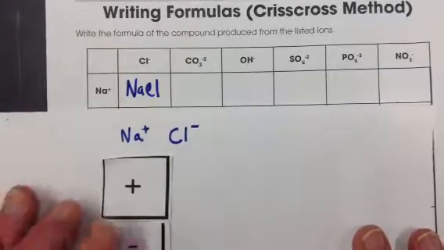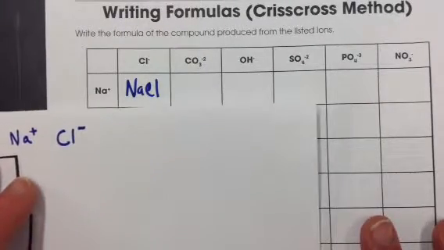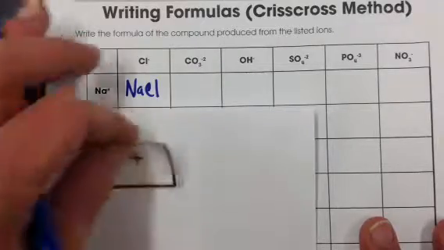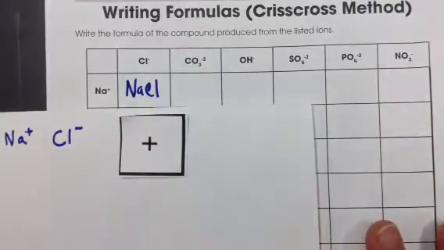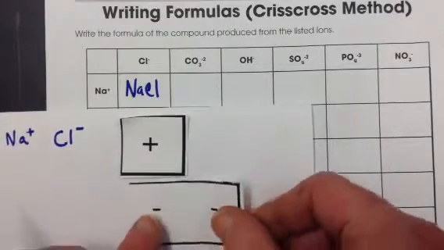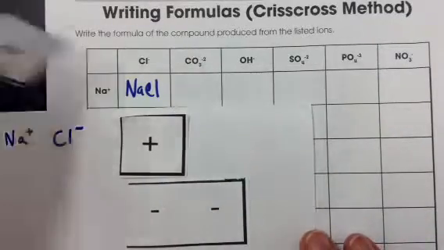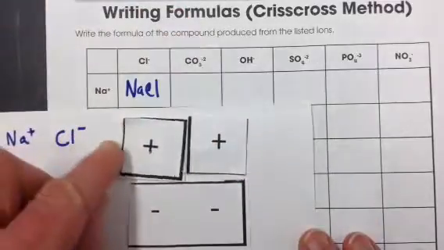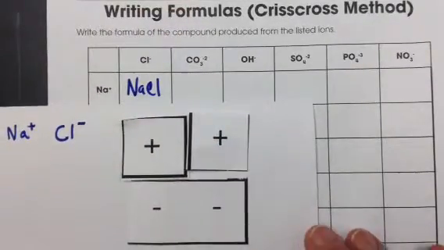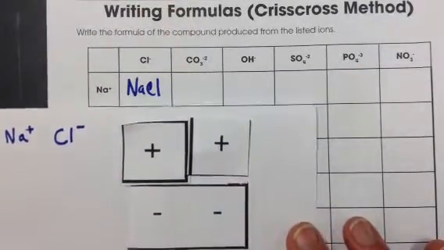Easy. Now this next one, the carbonate, the sodium once again has a positive 1, but our carbonate has a negative 2 charge. So we would need 2 of the sodiums in order to make a neutral compound.